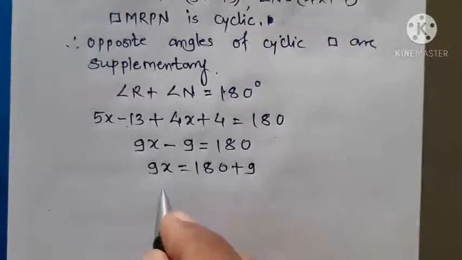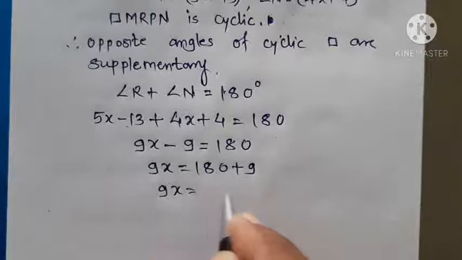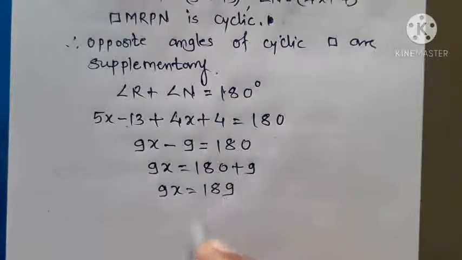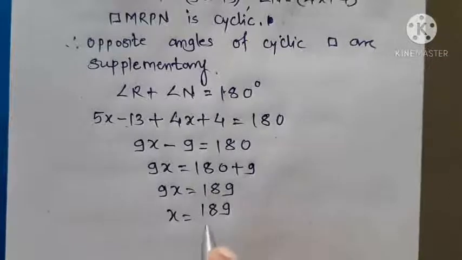Therefore, 9x is equal to 189. Therefore, x is equal to 189 divided by 9, that is 21. This is the value of x.